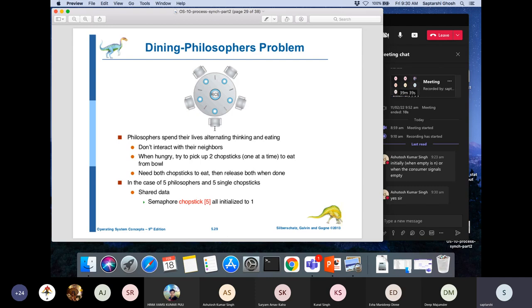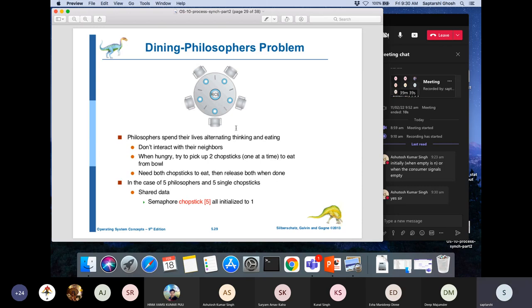Okay, great. Thanks. So if this philosopher grabs both these two chopsticks and starts eating, then these two philosophers are blocked. That means they cannot eat. That is the mutual exclusion problem.